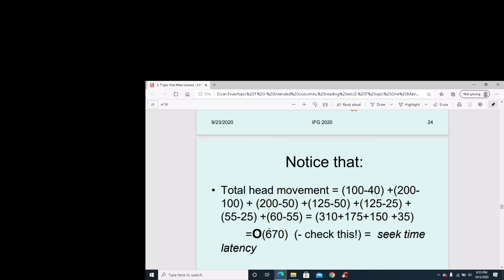And this figure is a measure of the total seek time latency. But you can think of this as simply the distance the read-write head has had to travel.